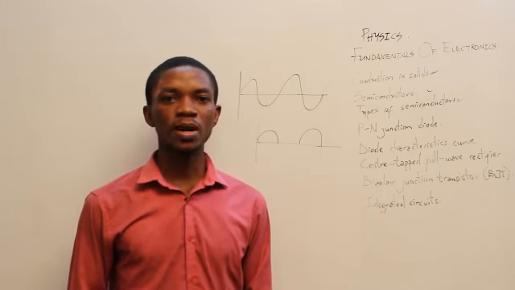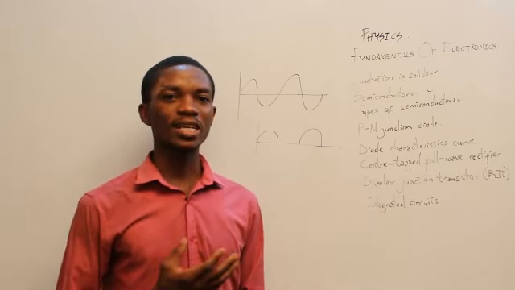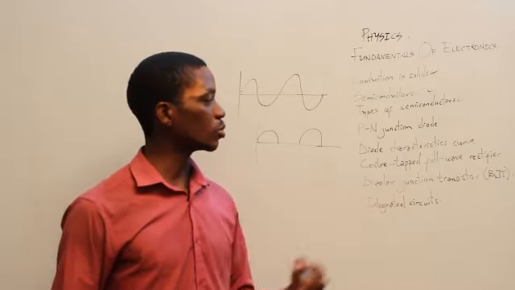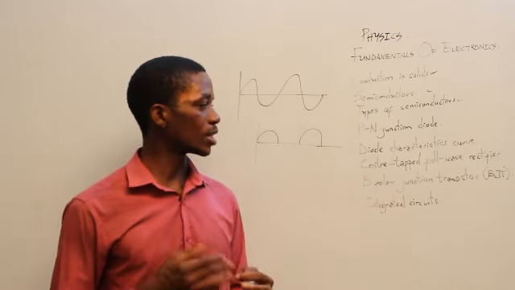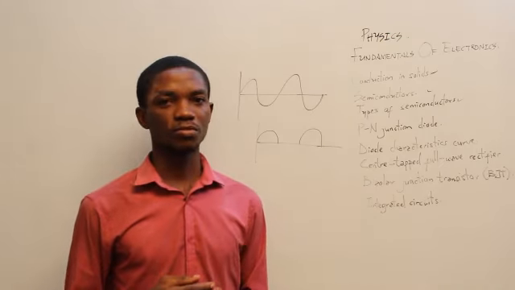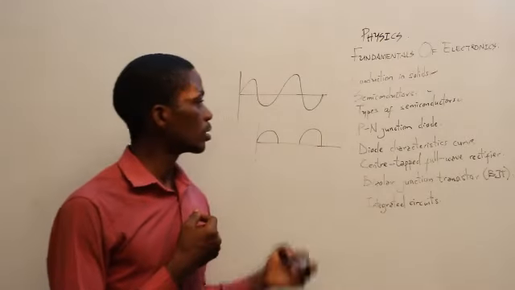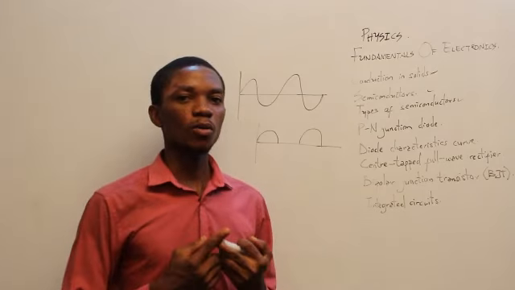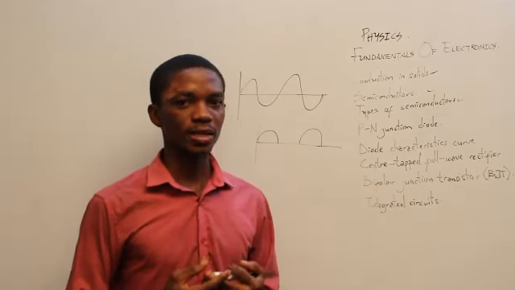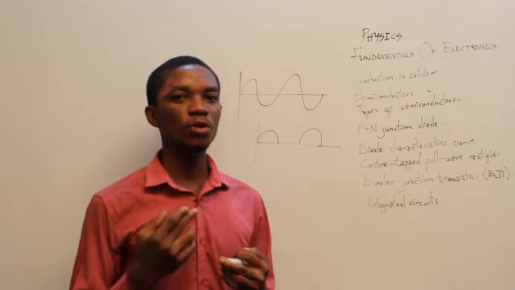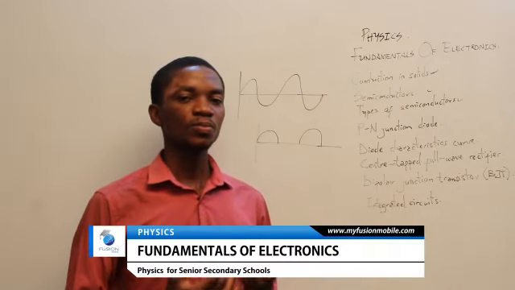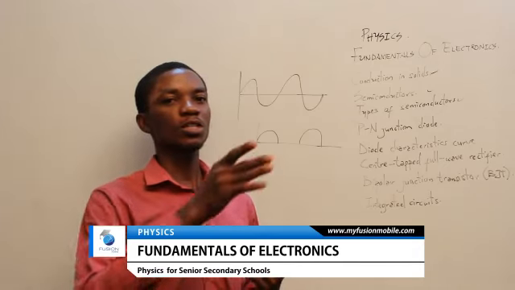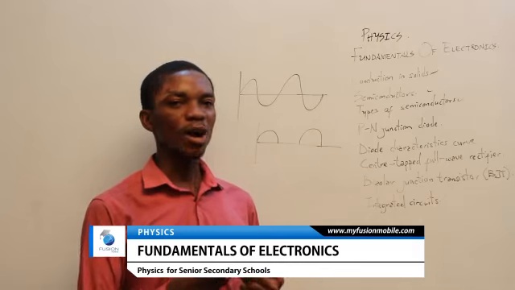Well, we'll still be looking deeper into how we actually get to the level of full rectification. That's when we talk about center tapped full wave rectifiers. But now our diode can be forward bias and it can be backward bias. Like I said, the diode will only allow the flow of electricity in one direction. So it can allow the electricity to go forward, or it can allow the electricity to come only backward, depending on how we want to do it.